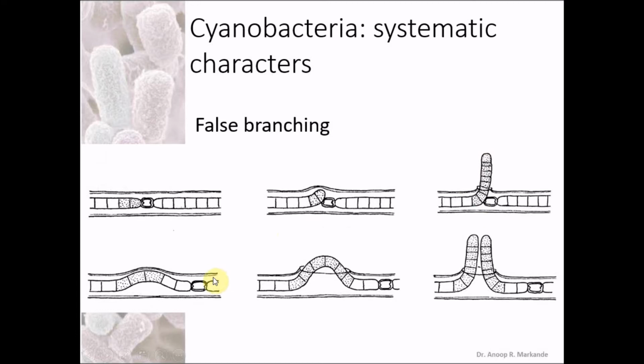Sometimes the filamentous cellular body of the cyanobacteria bends and breaks into typical folds, which, because of the linear cellular body, look like a branch.